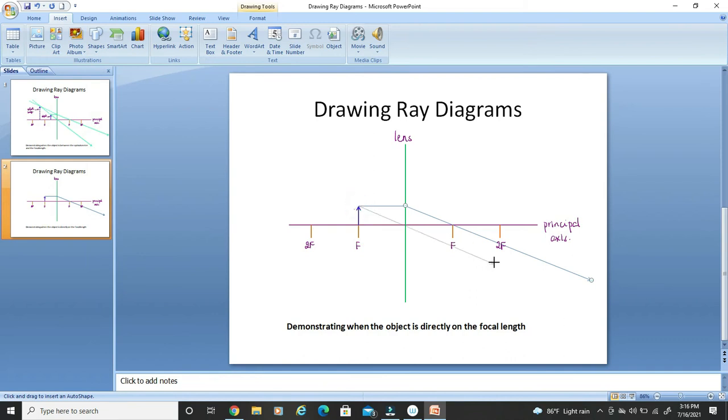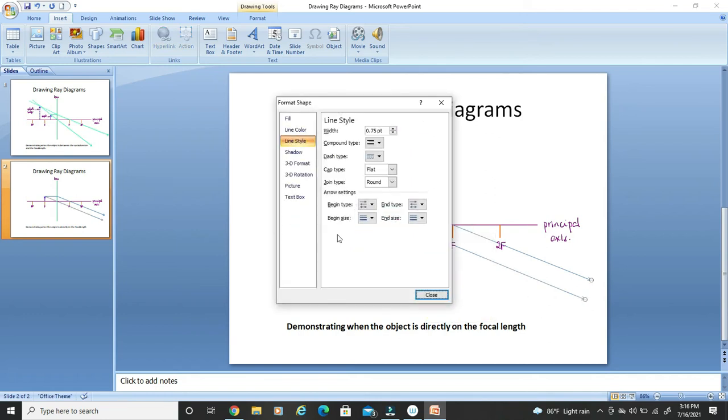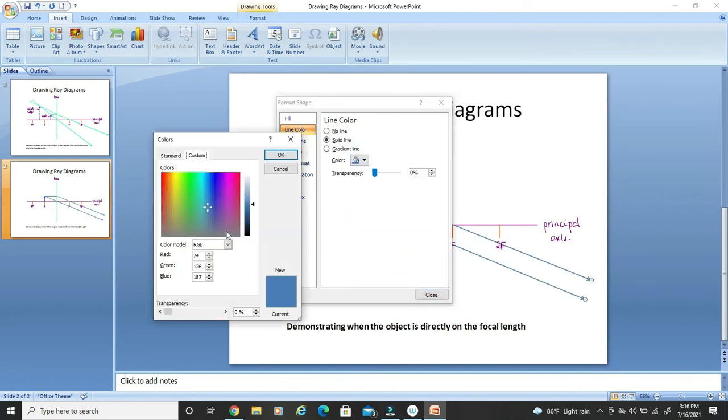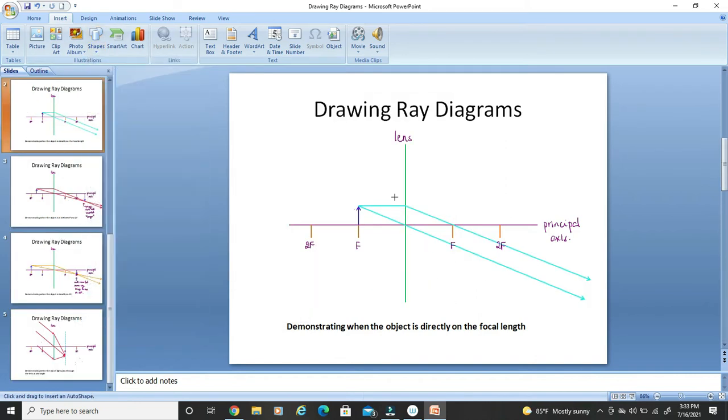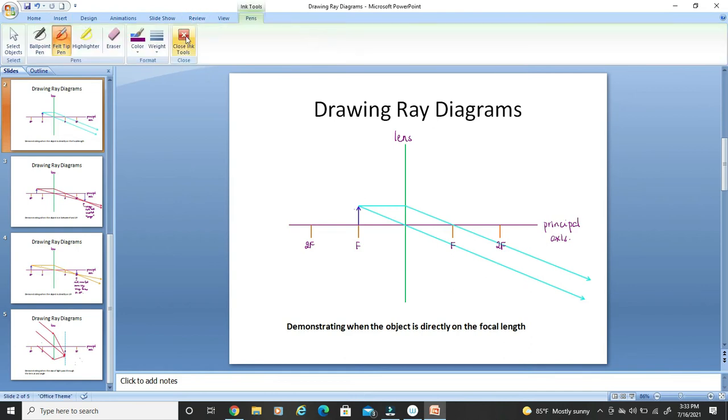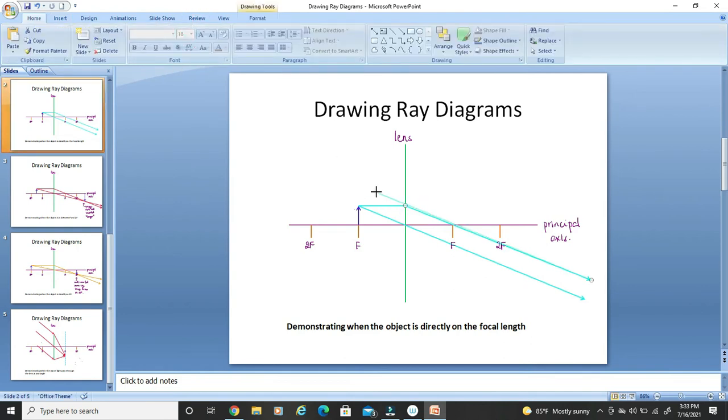The second ray will pass from the top of the object and through the optical center. As you can see here, when the object is sitting directly on top of the focal point, the rays are parallel. They will never meet, so there will be no formation of an image here. If we extend the rays, we see they'll never meet.